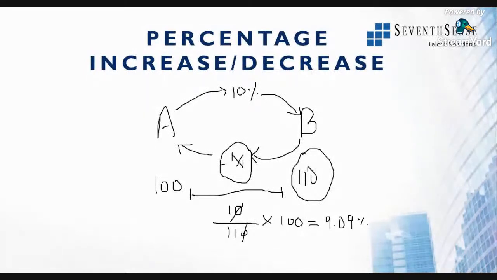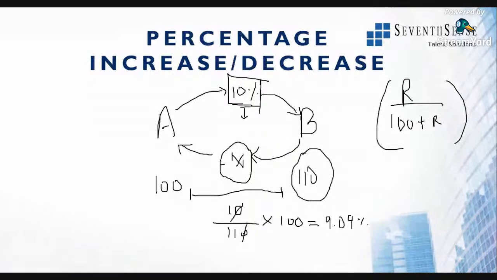If you don't remember the fractional method that I told you, you cannot find this. All right. So here, if the value first in the statement is given in terms of increase, I told you there is one formula. If the value itself is in increase format, the formula is R by 100 plus R. This is in fraction, convert it into percentage by multiplying it with 100.